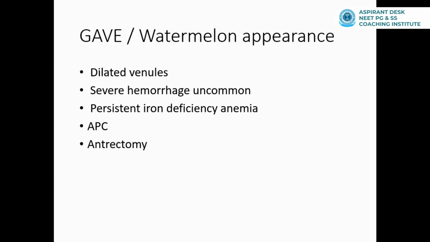Severe hemorrhage is uncommon; usually the patient presents with chronic persistent iron deficiency anemia. The typical treatment is argon plasma coagulation. They could ask APC is the treatment for GAVE, gastric antral vascular ectasia. Otherwise, if it is not controllable, we should go ahead with antrectomy.